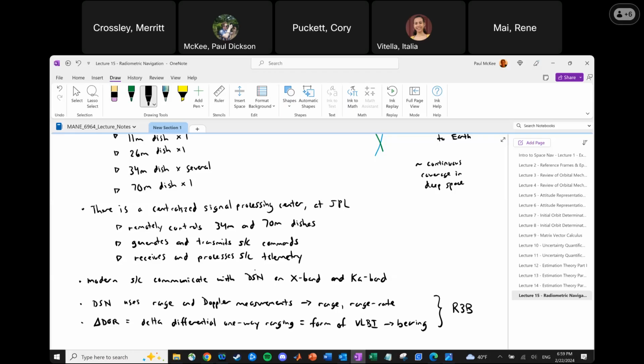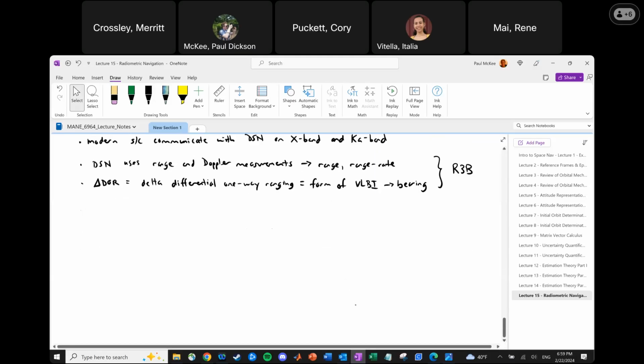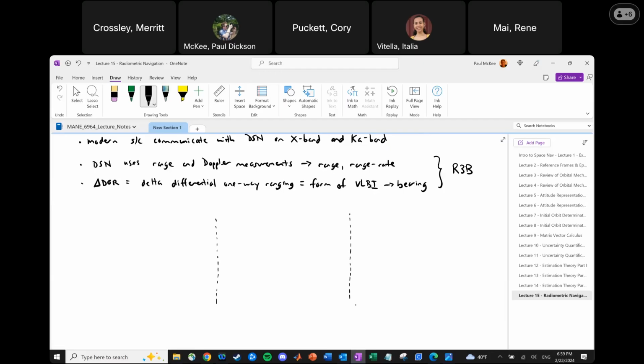All right, so there are 3 cases. I'll make myself a little room to write here. Let me know if I need to zoom back up again. There are 3 cases worth discussing within the Deep Space Network. The first is one-way ranging, which is near Earth.